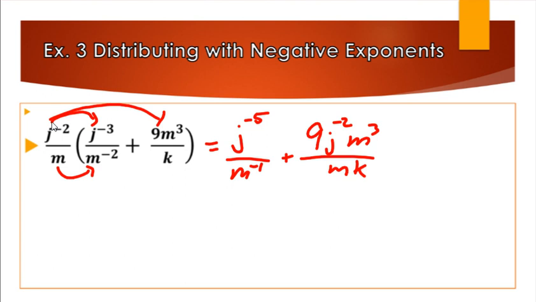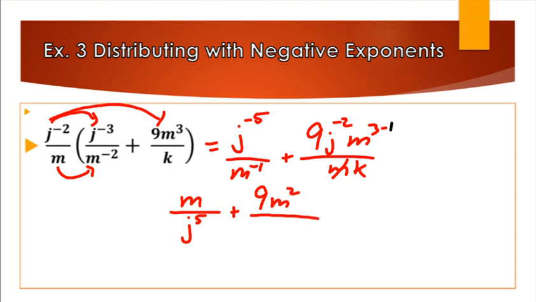So we simplify. The j has to go to the denominator, but the m has to go in the numerator, so I have m over j to the 5th plus, I have the 9 up here. We have m cubed divided by m. So 1m here, subtract 1 there, so we have m squared.